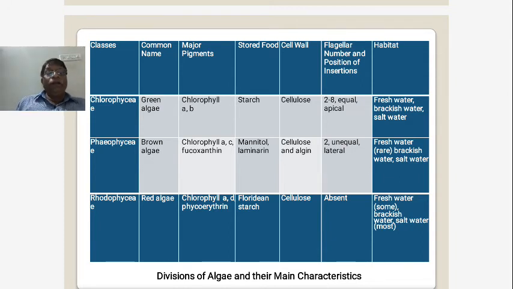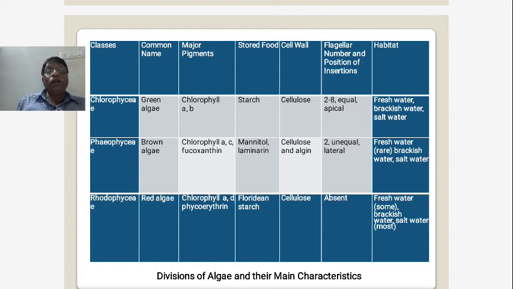Next, if we examine the class Rhodophyceae, these are commonly known as red algae. Why do we call them red algae? Because of the presence of red pigment, phycoerythrin. In addition to the phycoerythrin, chlorophyll A and chlorophyll D are also present.